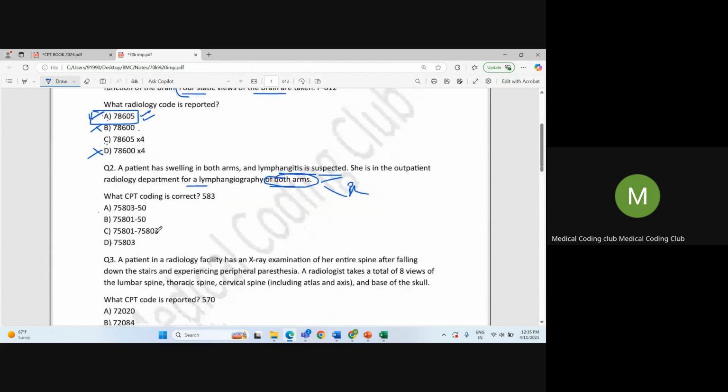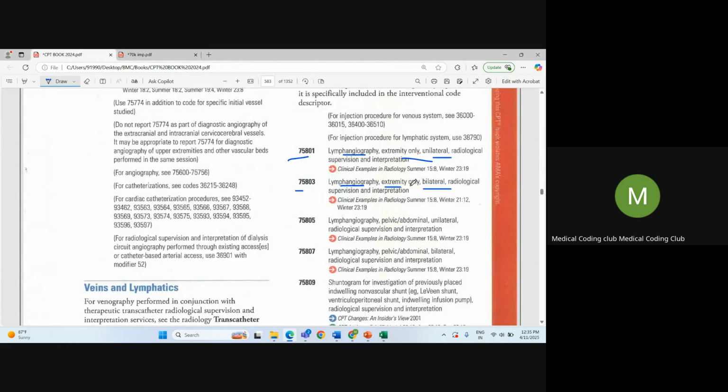So you can eliminate options A and B directly because the CPT code itself has this bilateral criteria. You don't have to use the 50 modifier here. The 75803 code description says bilateral, so for 75803 you cannot use the 50 modifier.